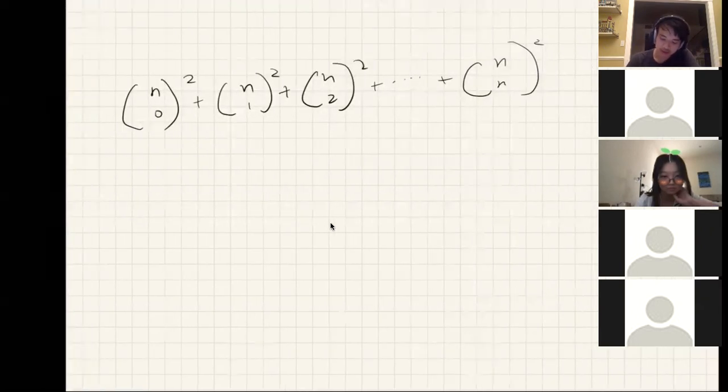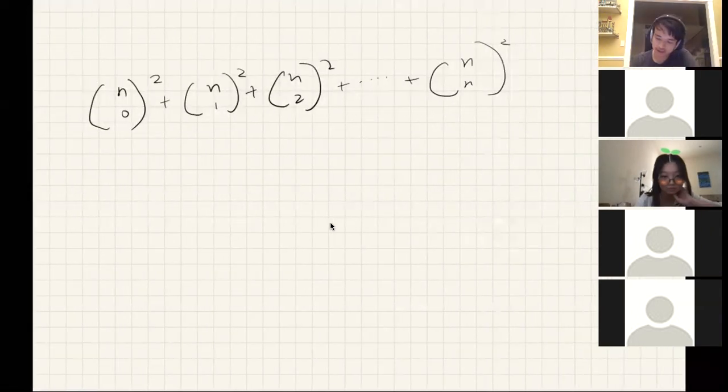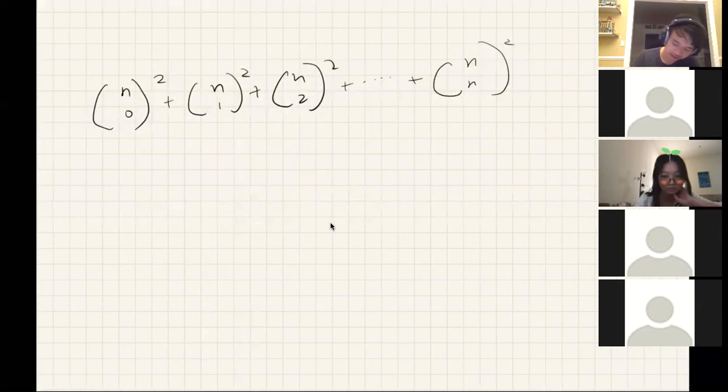So the first combinatorial sum we're summing is n choose 0 squared plus n choose 1 squared plus n choose 2 squared plus and so on, up to plus n choose n squared.